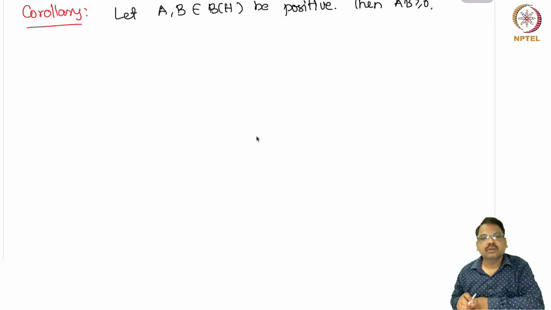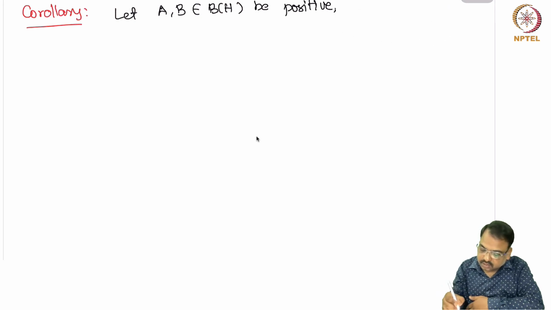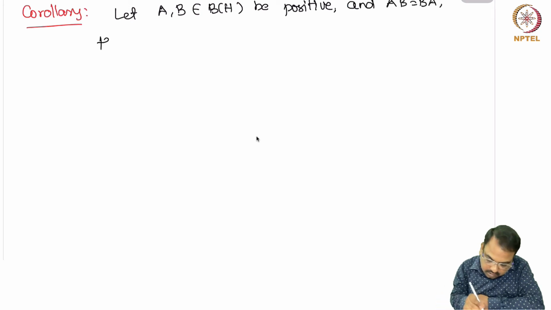We can show that when A and B are self-adjoint and if they commute, we can conclude that their product is self-adjoint. So if A and B are positive and commuting, then we can say that the product is positive.